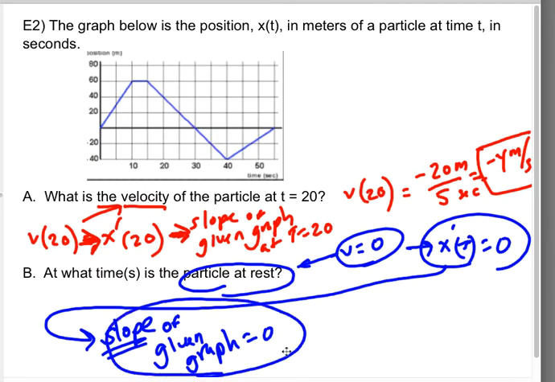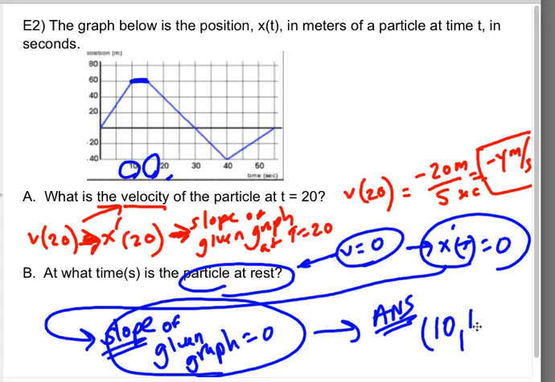That's what you're looking for. So now look at this graph. Well, in this window, the slope is 0, and that seems to be the only time it's true. So the answer is from 10 to 15.